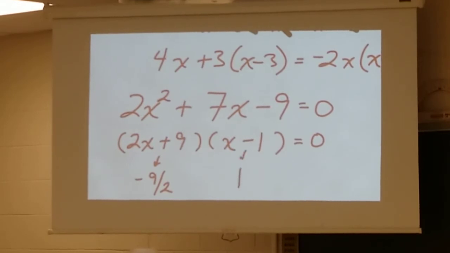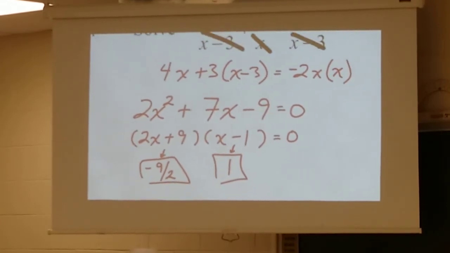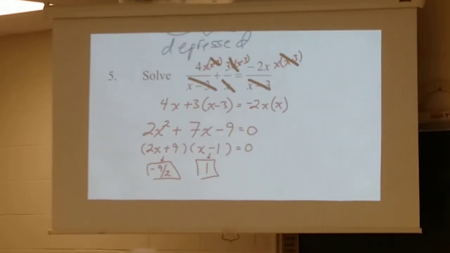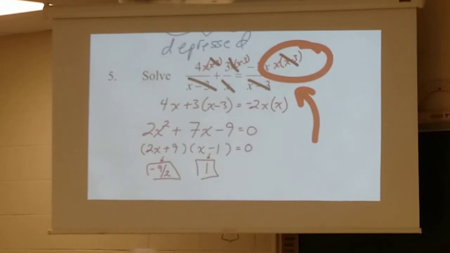You end up with negative 9 halves and 1. As for the LCD at the very beginning, this circled guy right here used all the factors. It didn't overuse them. It just made sure that each one of them was represented. Again, it's called the LCD.